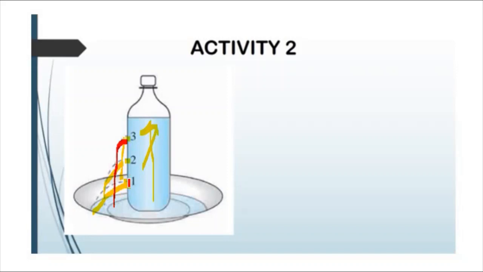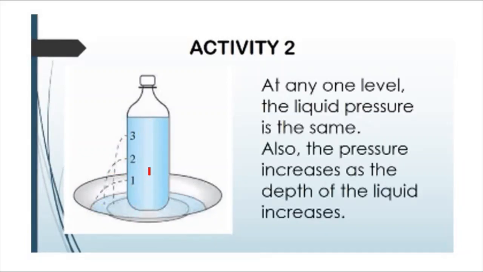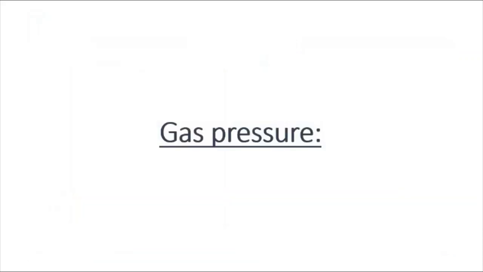The jet from the lowest hole falls furthest from the bottle. Also, jets coming out from the two holes at the same level fall at the same distance from the bottle. What is understood from this? At any one level, the liquid pressure is the same. Also, the pressure increases as the depth of the liquid increases.